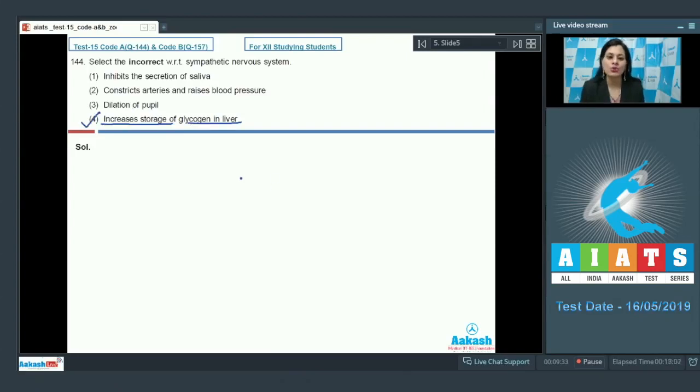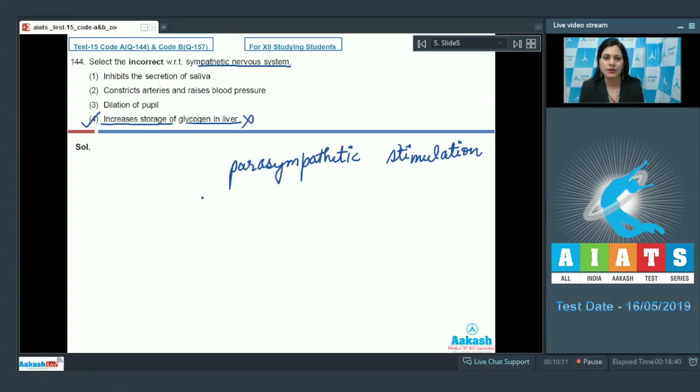Because storage of glycogen occurs in liver by parasympathetic stimulation and not by sympathetic nervous system, because sympathetic nervous system works during emergency conditions, and during emergency conditions liver increases the release of sugar to provide energy. So this is an incorrect statement with respect to sympathetic nervous system.